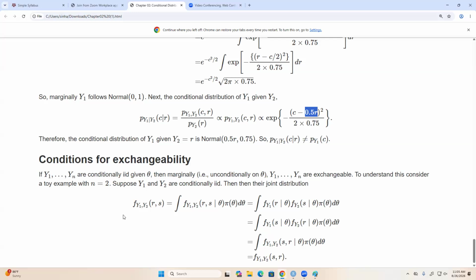All right, so we did, yes. If y1, y2 are conditionally IID given theta, then marginally y1, y2, ..., yn are exchangeable. Okay, so this is another condition for exchangeability. If y1, y2, ..., yn are conditionally IID.